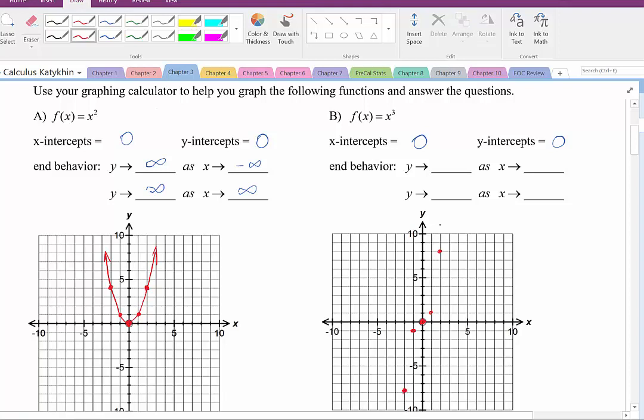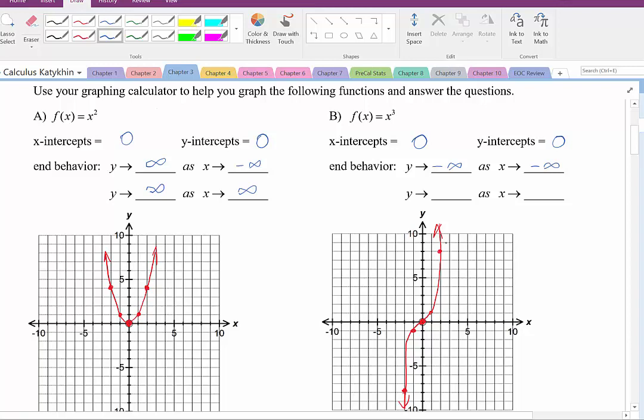So now, as you can see, my function is going to go from here, down through that, kind of like an S. Obviously the computer did a better job than I did, but as you can see, on my left-hand side, as y goes to negative infinity, my x is going to negative infinity as well.